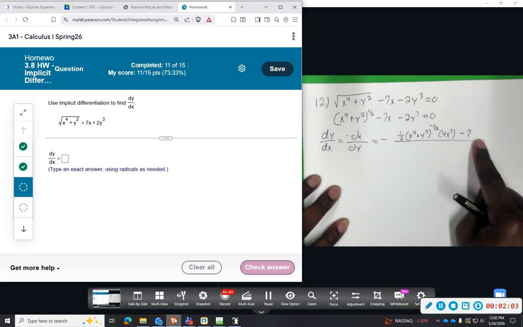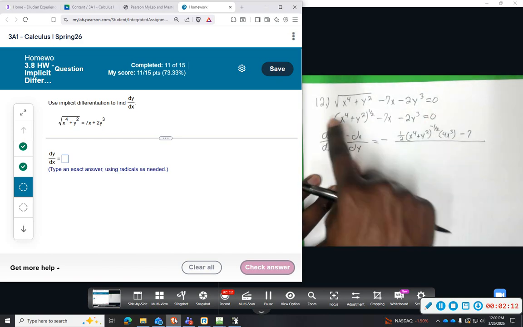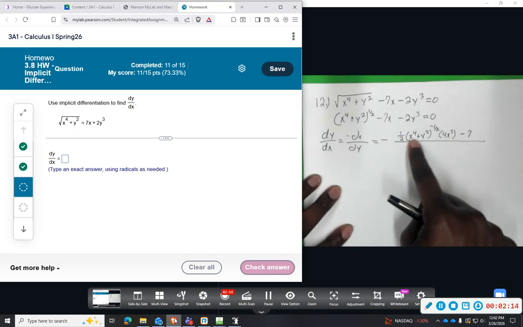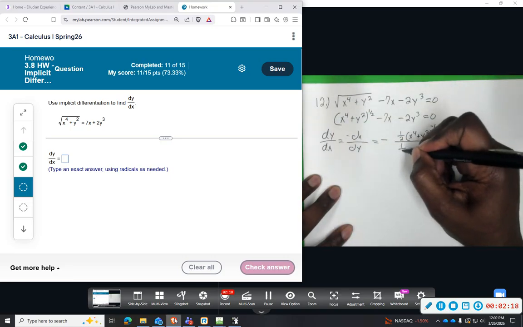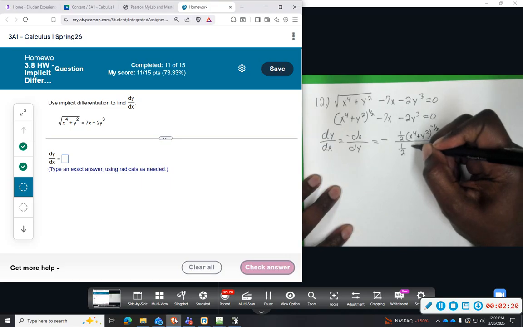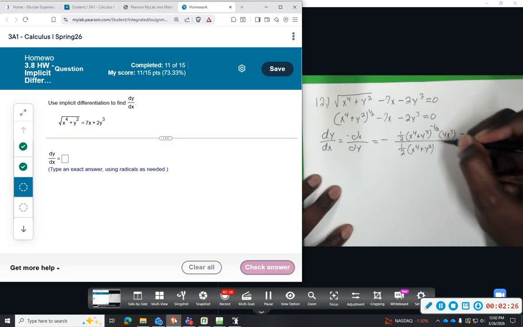So here's my partial derivative with respect to x, and then I'm going to do the partial with respect to y. So when we do y, we pretty much get the same because we'll get the 1/2, and then we'll get x to the 4th plus y squared raised to the negative 1/2 power.